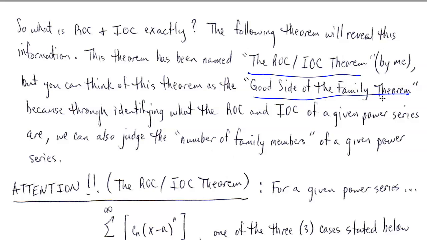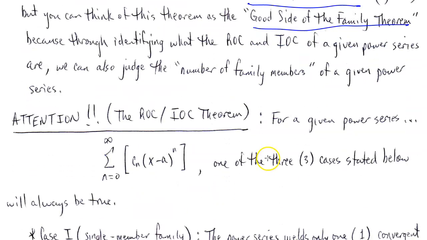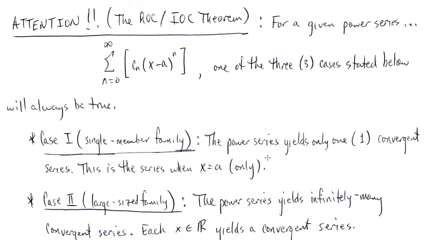Good x values make the infinite series that come out converge. Bad x values make the infinite series that result diverge. That's why I call it the good side of the family theorem, because we're looking for the x values that are going to be good to us, meaning we have a power series that produces an infinite series as one of its members, and that particular infinite series converges. All right, so let's look at this particular theorem.